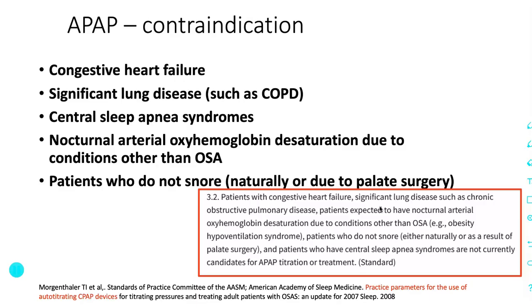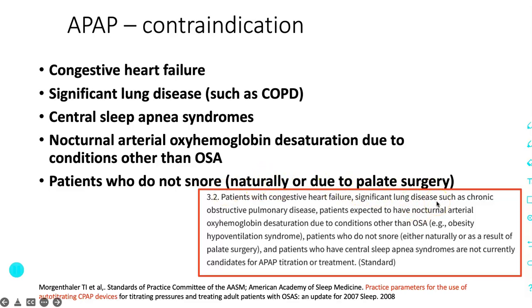The clinical practice parameters for the use of auto-titrating devices, as published by AASM in 2008, clearly mention that APAP is contraindicated in congestive heart failure, significant lung disease such as COPD, central sleep apnea syndrome, nocturnal arterial oxyhemoglobin desaturation due to conditions other than OSA, and those patients who do not snore, either naturally or due to palatal surgery.